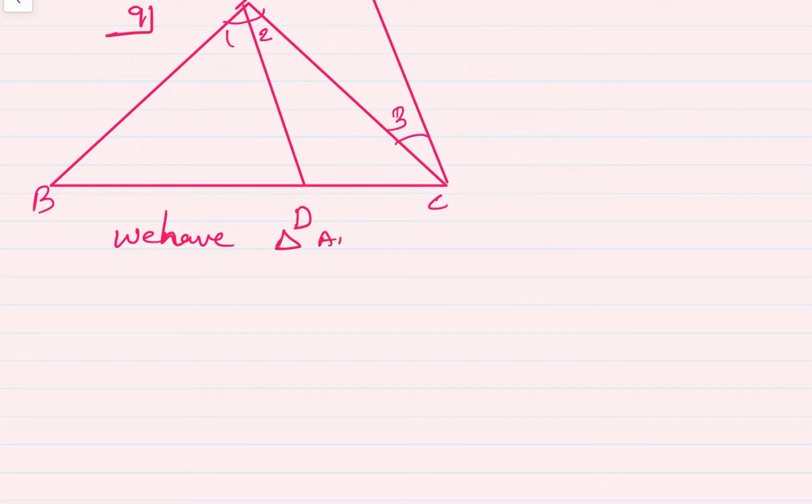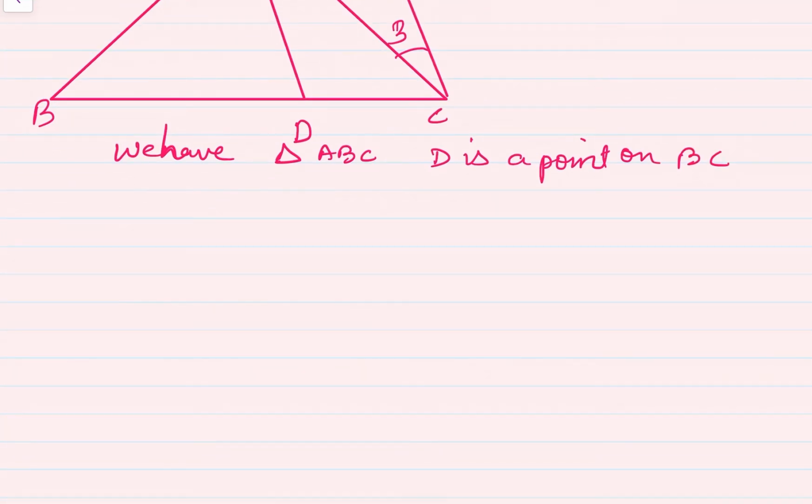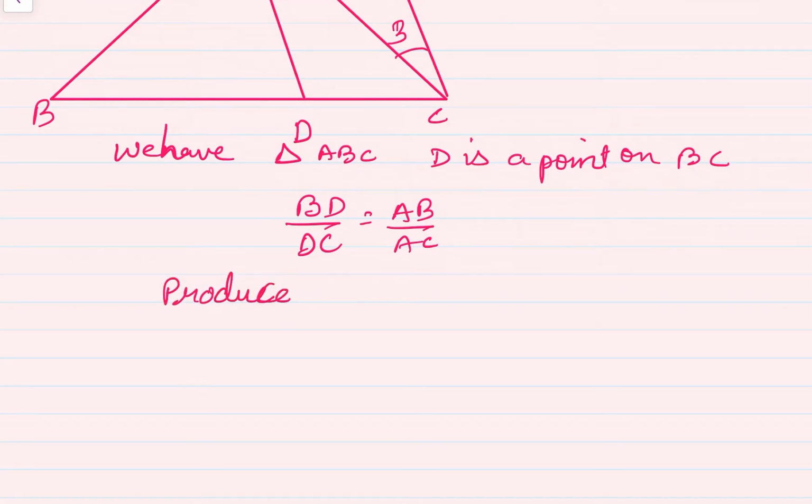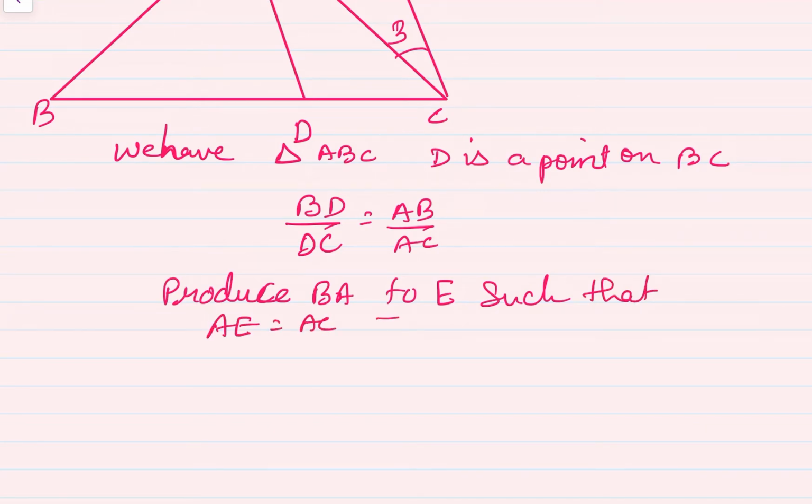So here we have in triangle ABC, D is a point on BC and BD upon DC is equal to AB upon AC. Now produce BA to E such that AE is equal to AC and join EC.